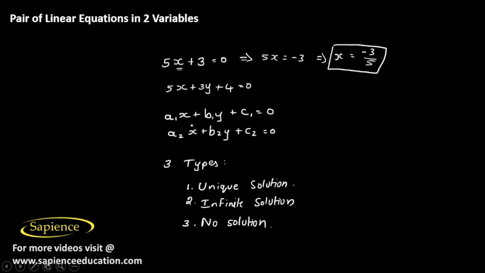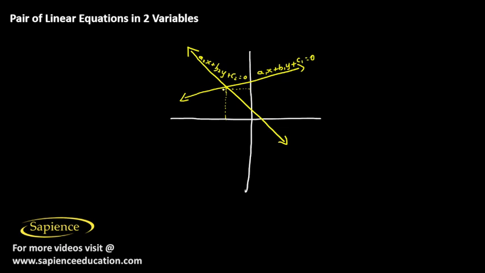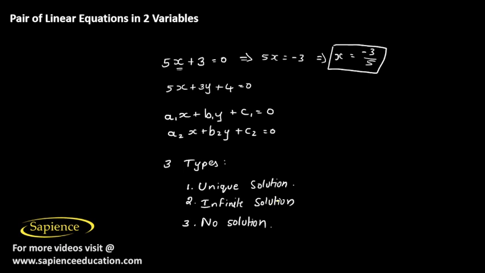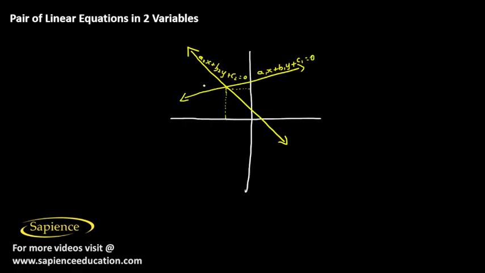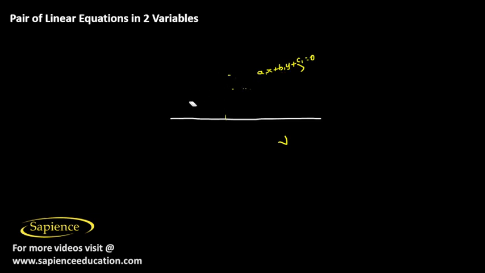So in this way we can find the solution of two equations. But we saw there are three types. I represented in a graph how a unique solution type will look. Now we will see how an infinite solution pair of linear equations will look. In case of a pair of linear equations with infinite solutions, both the lines actually lie on top of each other.